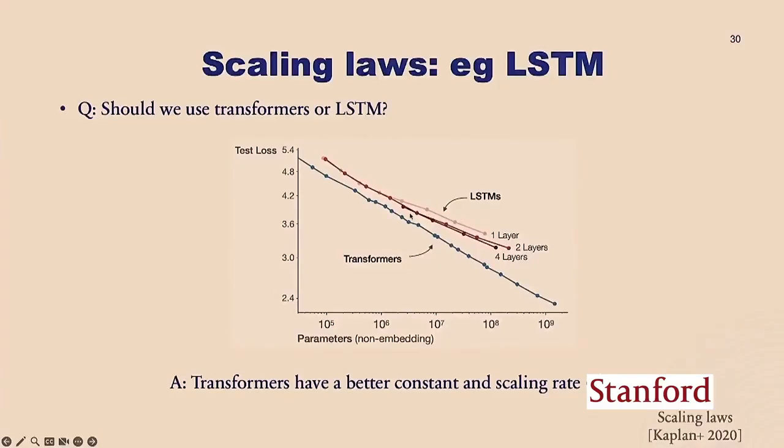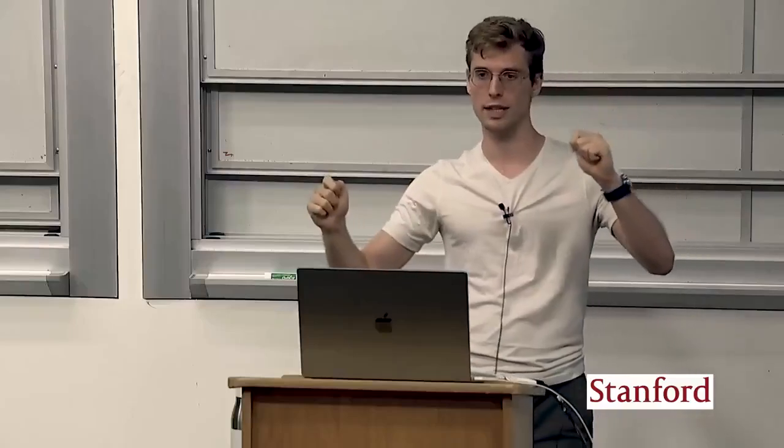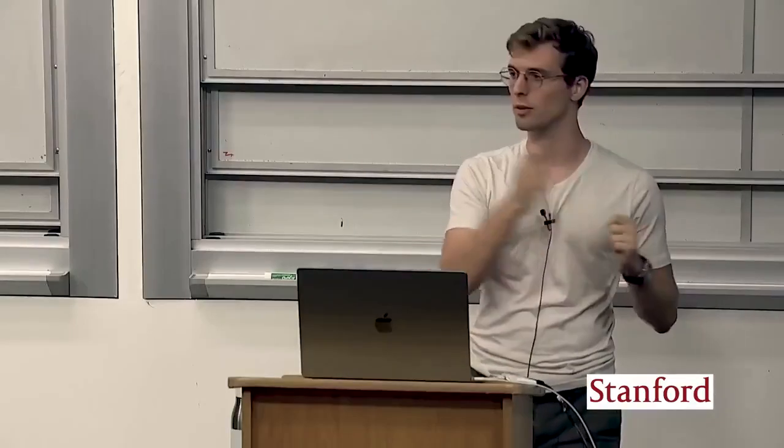The other thing is your intercept. You could start worse, but actually become better over time. It just happens that LSTMs are worse for both. But I could show you another one where you can predict that after a certain scale, you're better off using that type of model than others. So that's why scaling laws are really useful. Any questions on that?